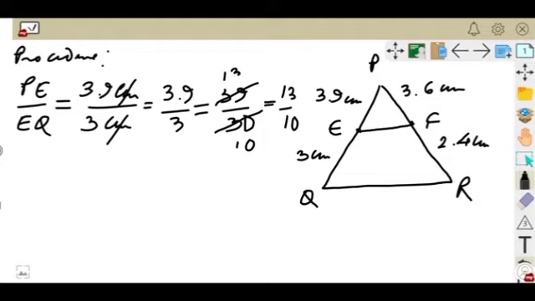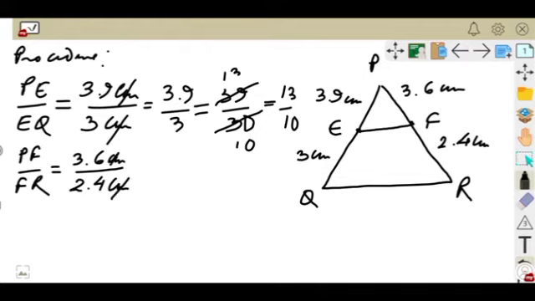You can write next PF by FR. What is PF here? PF means 3.6 centimeter. What about FR? 2.4 centimeter.